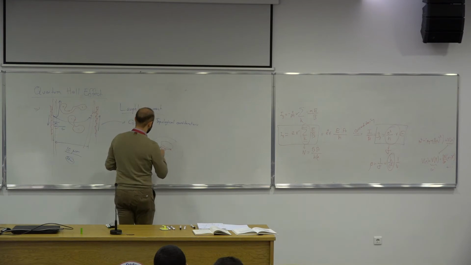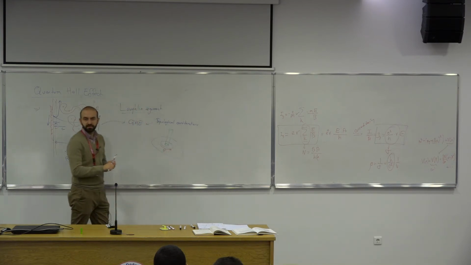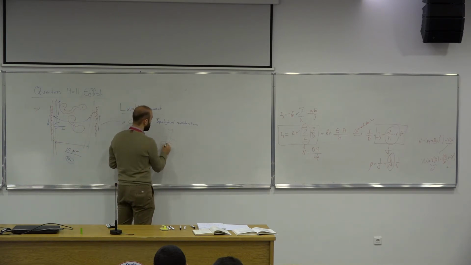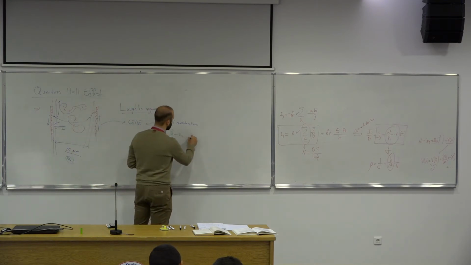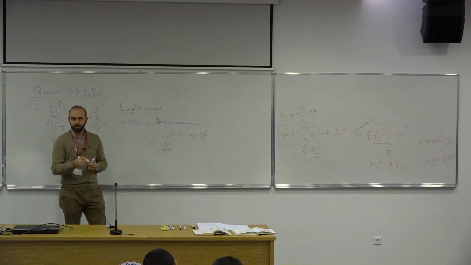You put a solenoid inside, and then you change the magnetic field B from one value to another. So the electric field, let's stick to the azimuthal direction around the ring, will be given by the rate of change of the flux.